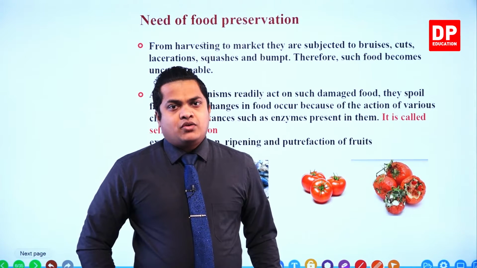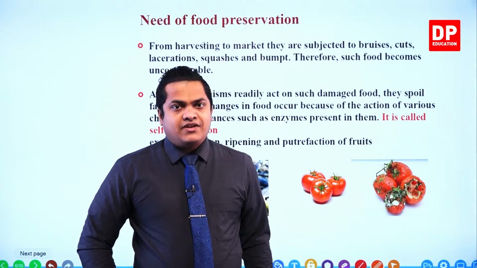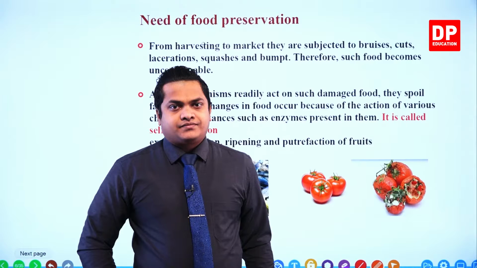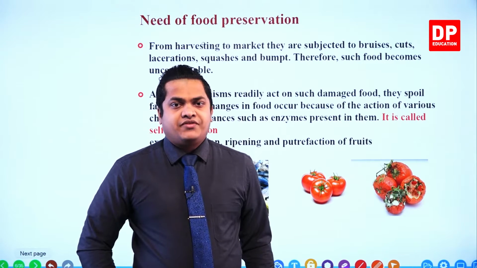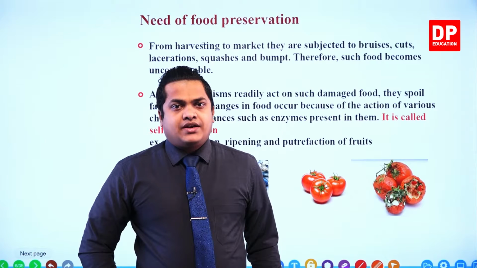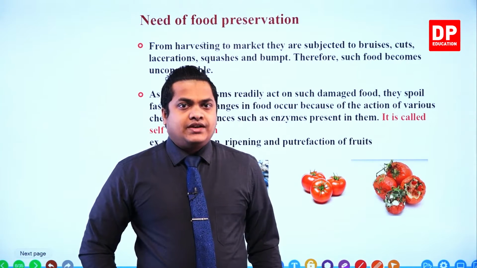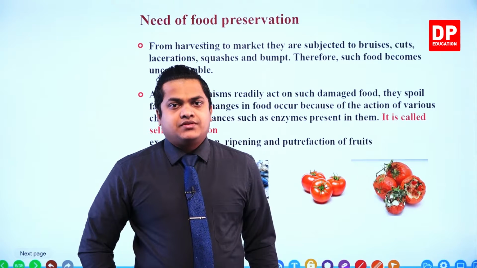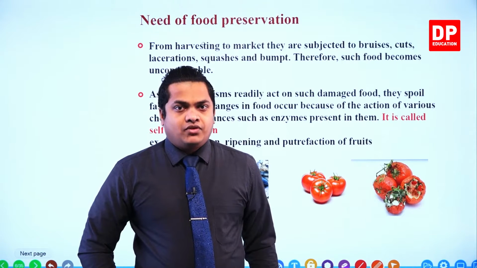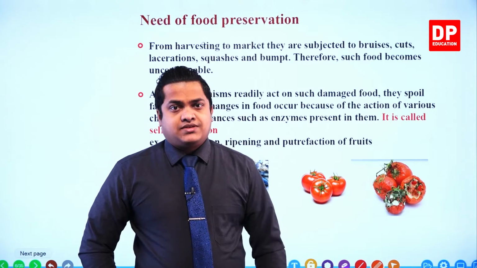That is happening because of the enzymes and other chemical substances contained within the food. Here food means especially fruits and vegetables. As they are plant products, they also contain different types of chemical substances which are helpful to the ripening process.